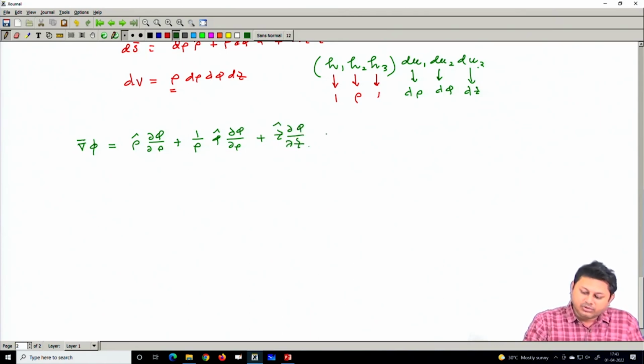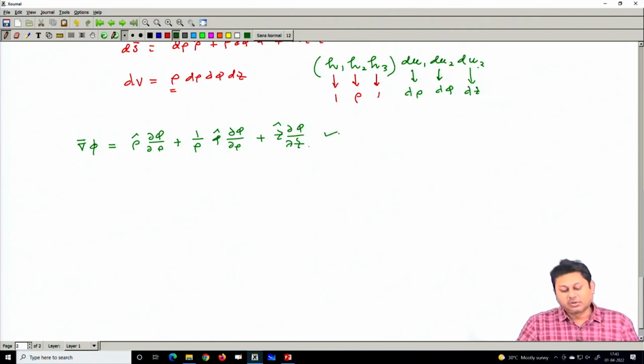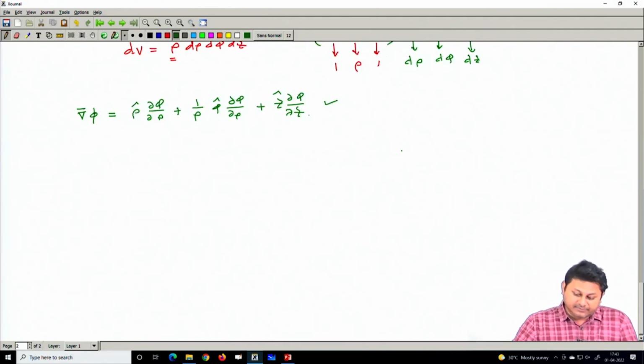So, that we also derived, and also you can check it with the standard by just putting the scaling factor, and you will get the same result here.